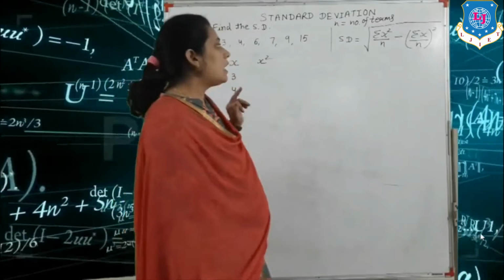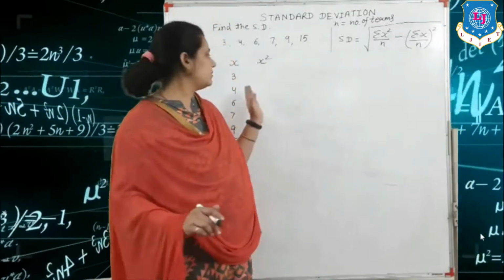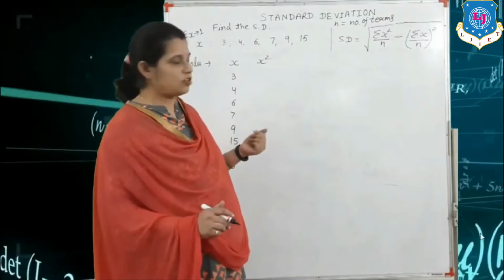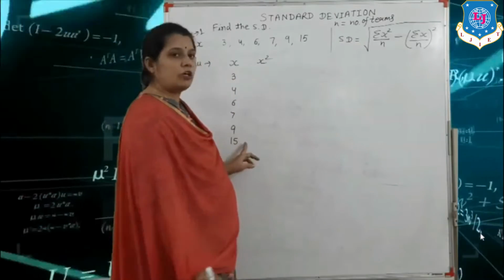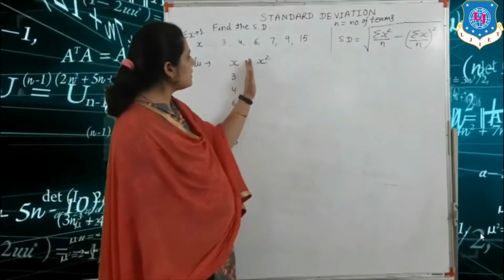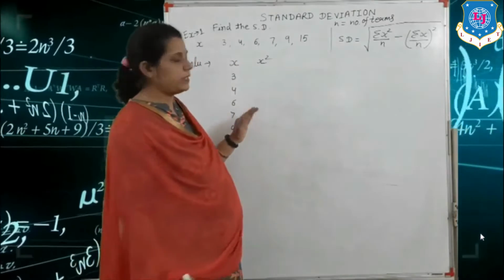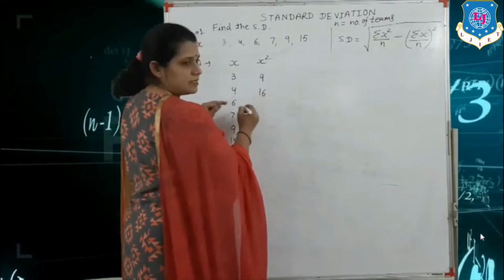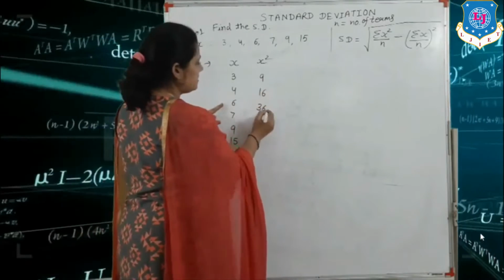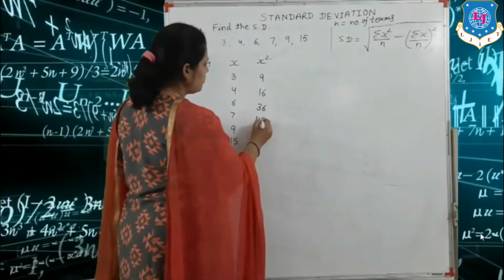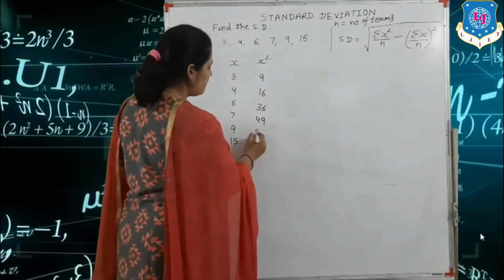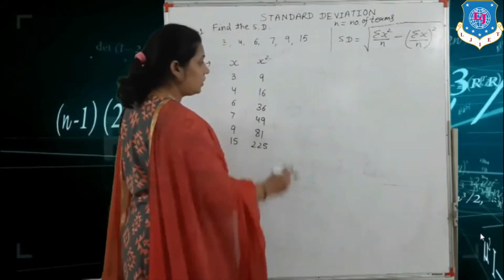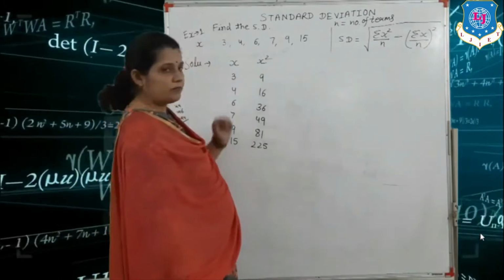According to the formula, we make the table, and this process is very easy for finding our solution. First we write the column of the x. After that we make the column of the x square. That means 3 square is 9, 4 square is 16, 6 square is 36, 7 square is 49, 9 square is 81 and 15 square is 225.